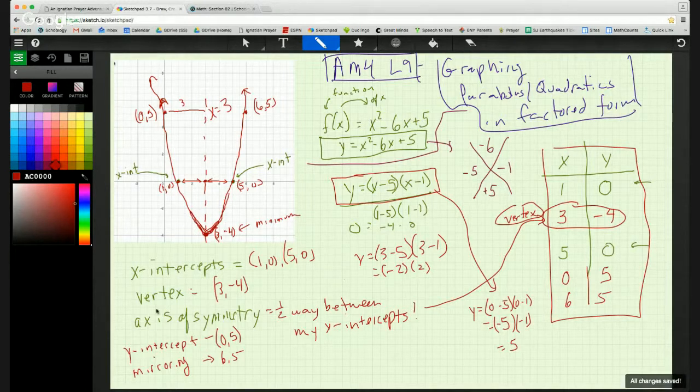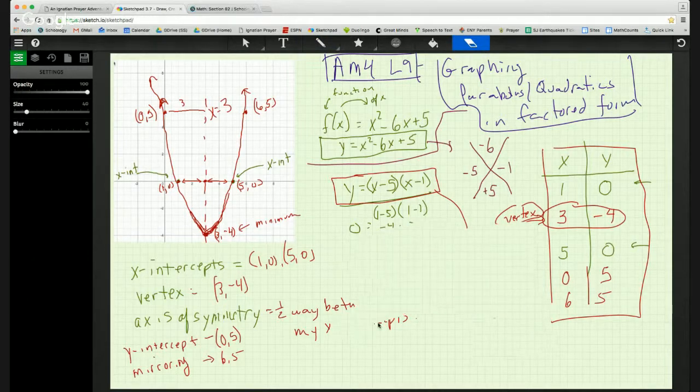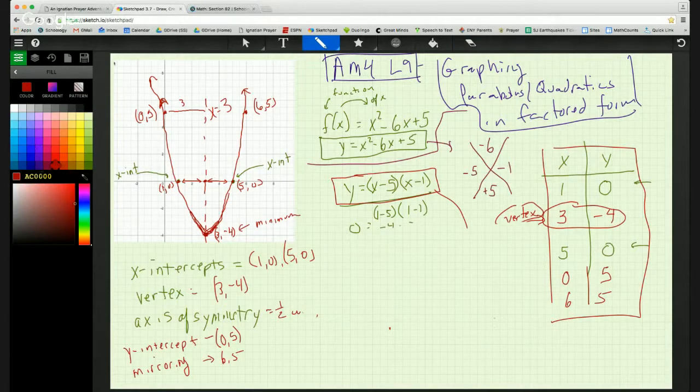Okay, so that's our key. So I want to remind you of our steps here. Let's write those in kind of this color. So first we're going to factor, and then we're going to find our zeros, or find our x-intercepts.